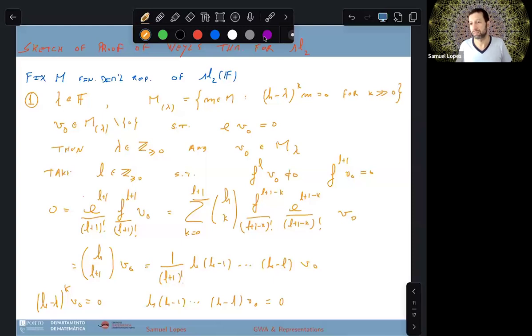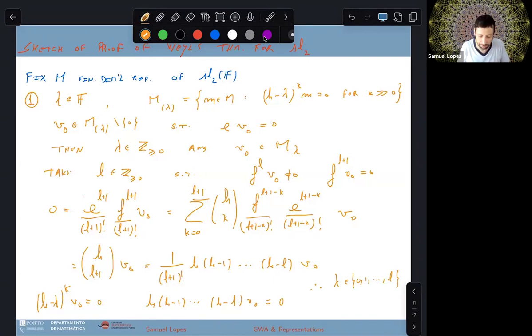Well, again, using the standard argument, this forces lambda to be one of the integers appearing here. So this is H minus 0, H minus 1, H minus L. So this forces lambda to be one of these numbers, 0, 1, up to L. So I've proved one part of what I wanted to prove, that lambda is in fact a non-negative integer.